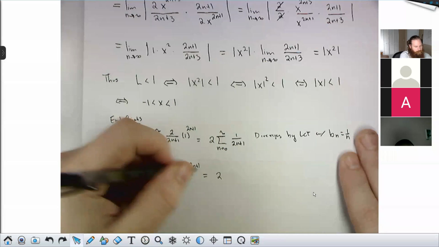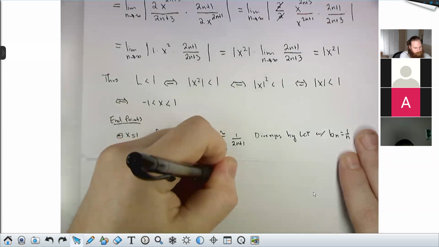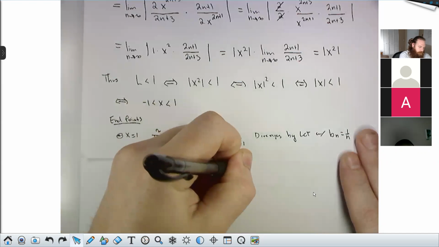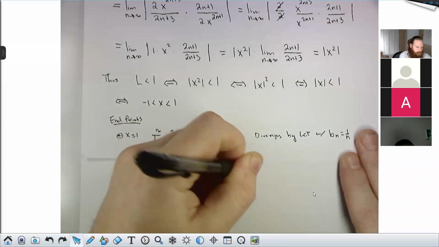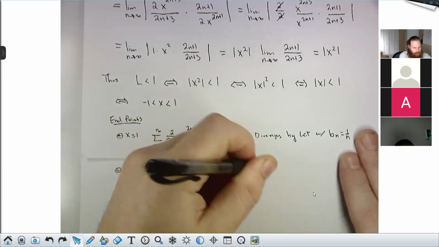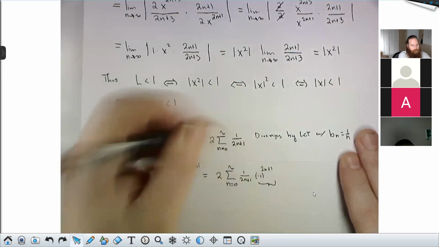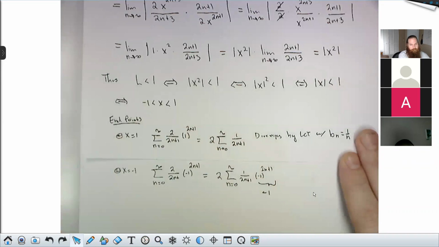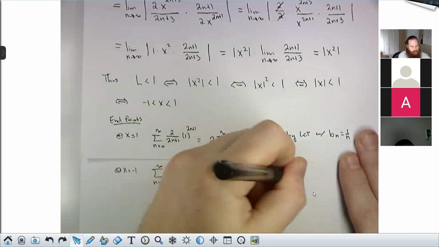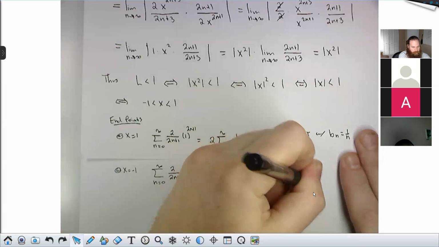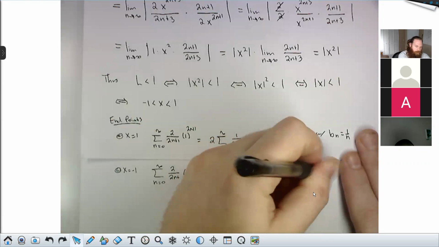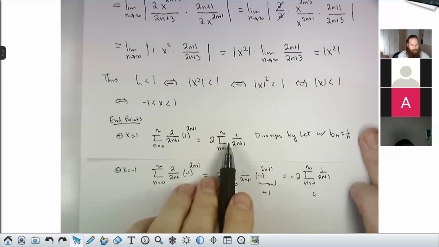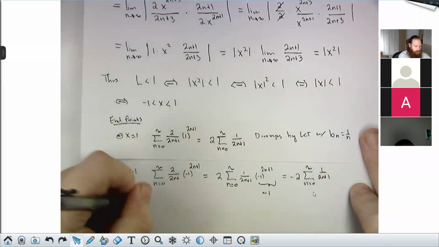Since 2n plus 1 is always odd, this piece is always negative. This is just negative 1. So this is negative 2 times sigma n from 0 to infinity 1 over 2n plus 1. Well, this is just the negative of this series. This must also diverge.